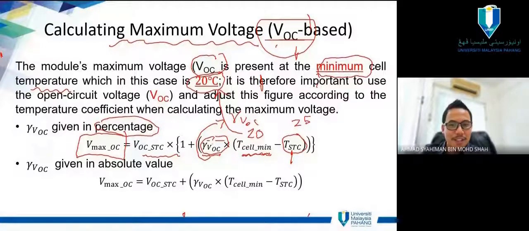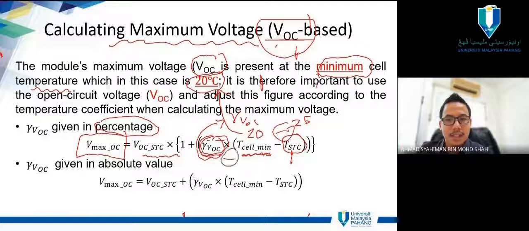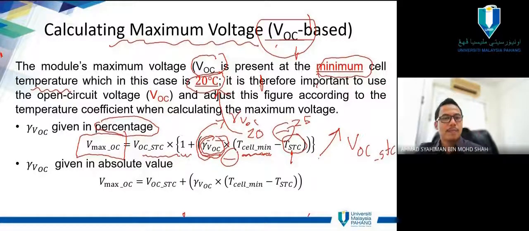Don't worry, because the temperature coefficient of VOC is also negative, and minus and minus become plus. So it will add, and logically at the end it will be bigger than VOC STC. It means the maximum voltage at this time should be higher than the original value.